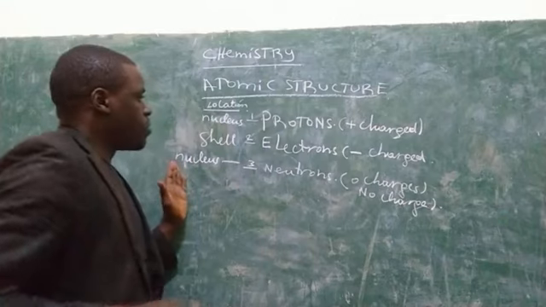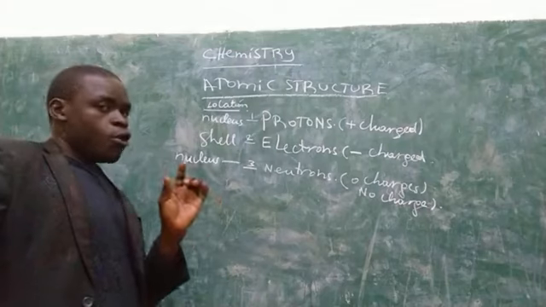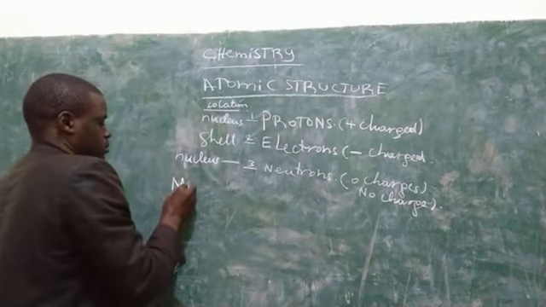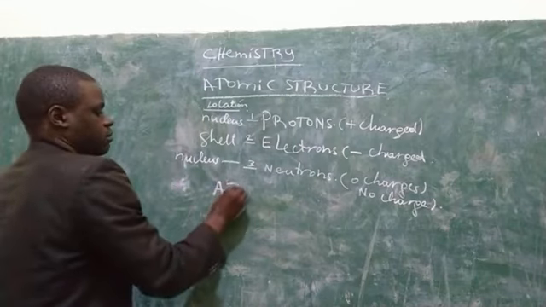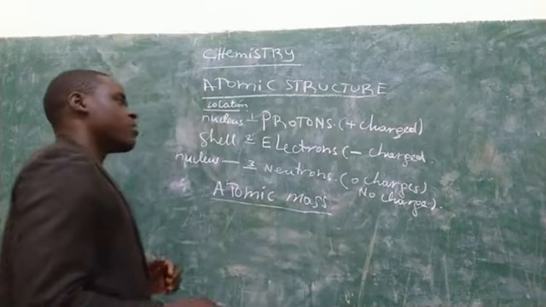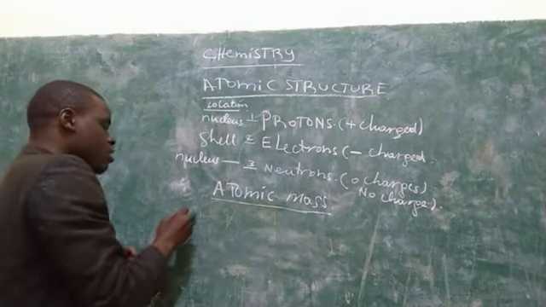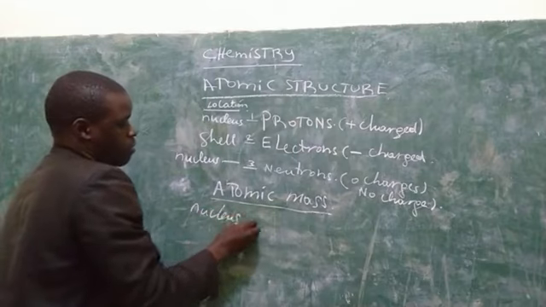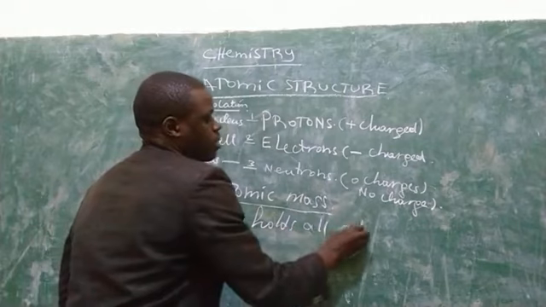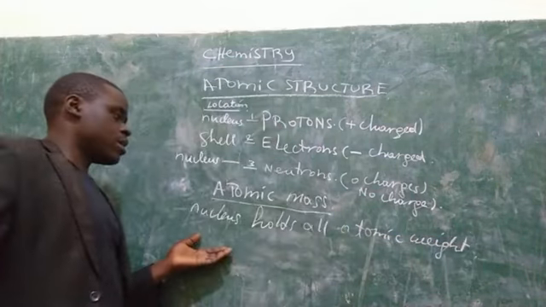From here, the relationship between these three is that, for example, all the mass, what we call the atomic mass, is composed of the combination of neutrons and protons, which means the nucleus holds all the atomic weight.